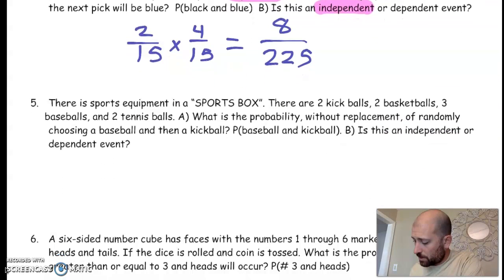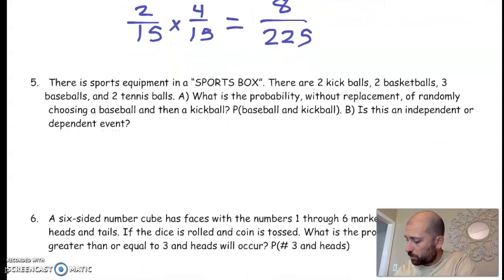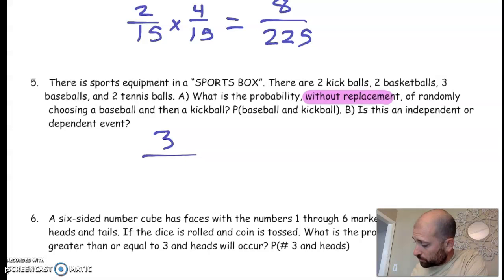Okay. There is sports equipment in a sports box. There are 2 kickballs, 2 basketballs, 3 baseballs, and 2 tennis balls. What is the probability without replacement? So that is an important one, without replacement, of randomly selecting a baseball, then a kickball. Okay. So without replacement, that means that the probability changes based on what I pick out. So if I start out, you're going to see that I have 3 baseballs out of 2, plus 2 is 4, plus 3 is 7, plus 2 is 9.